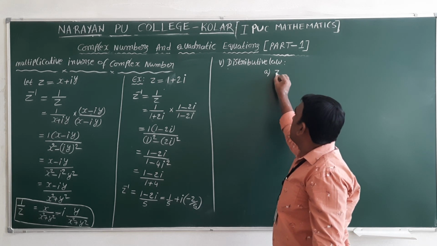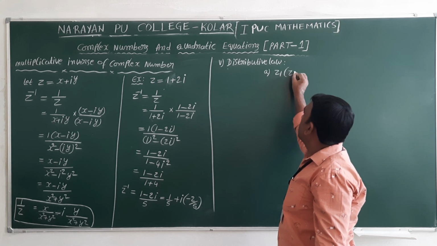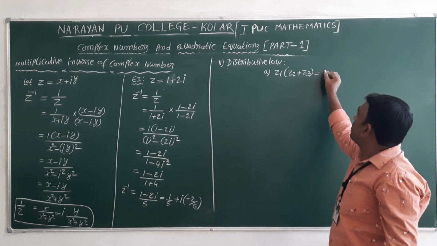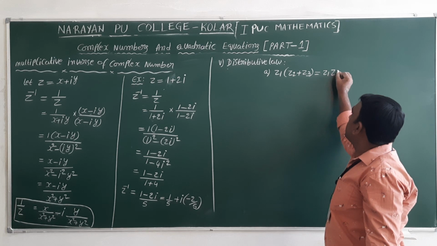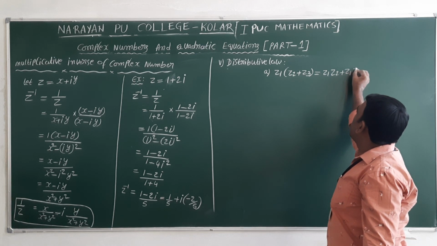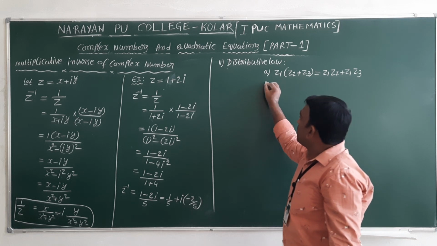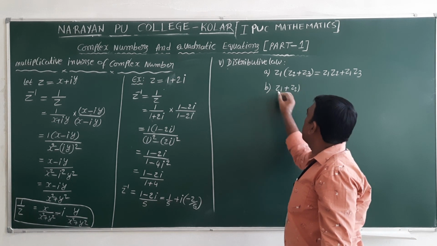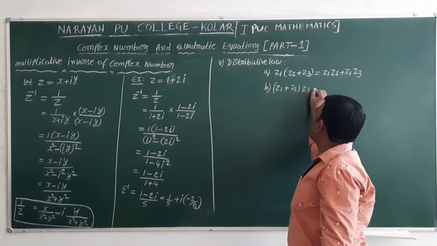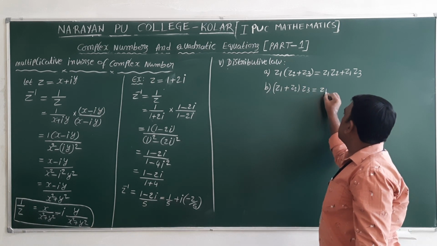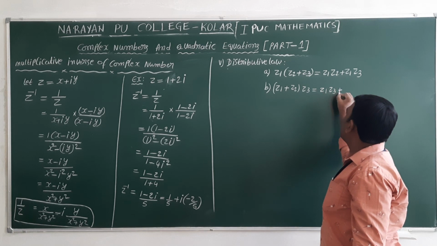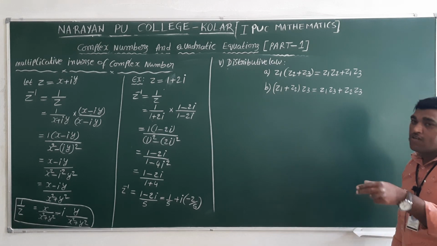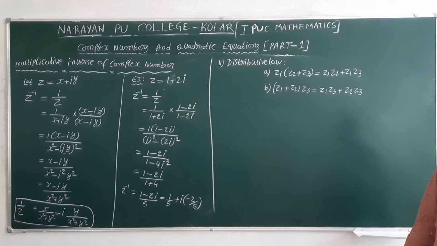First one, z1 bracket z2 plus z3 is equal to z1 into z2 plus z1 into z3. Next, (z1 plus z2) into z3 is equal to z1 z3 plus z2 z3.